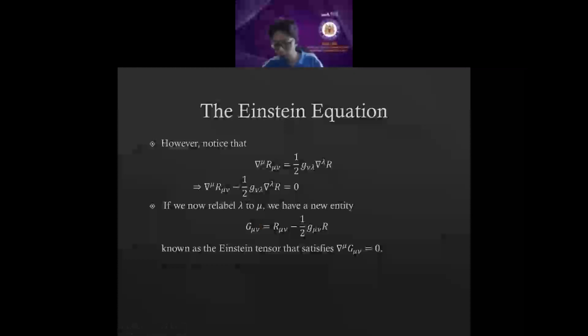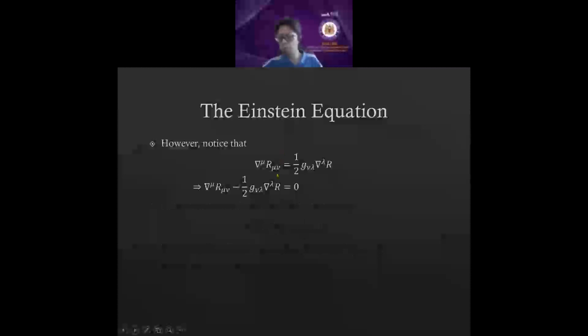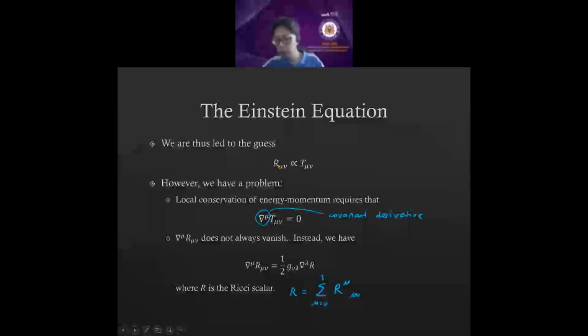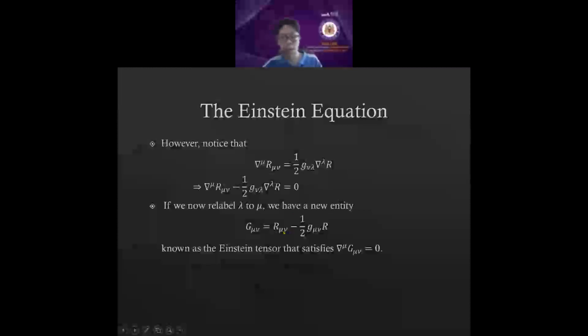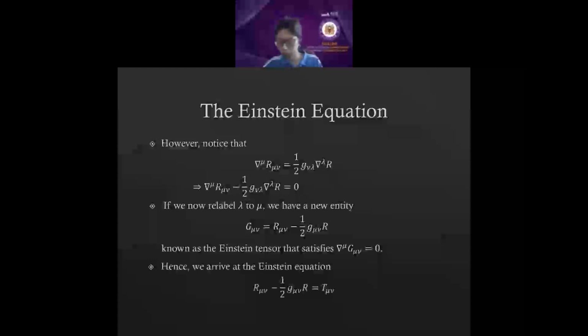And the next best thing then, perhaps the left hand side should not be the Ricci tensor. Instead, it should be the Einstein tensor, which is indeed the equation for GR. It is from here that we arrive at the Einstein equation.